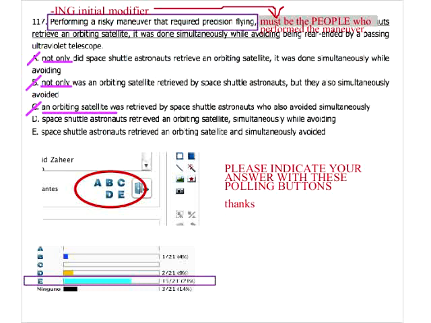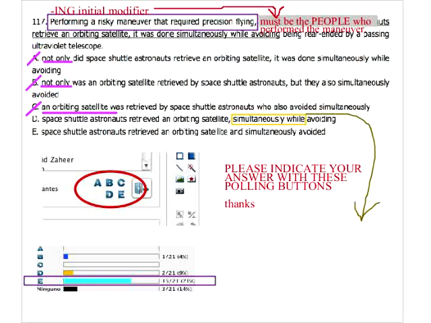Okay. Between D and E, long story short, there's a redundancy in choice D. You don't use both simultaneously and while, because you don't want two words that say the same thing.